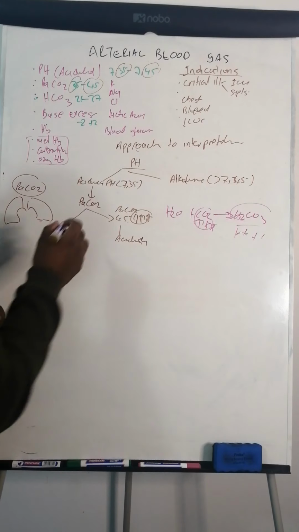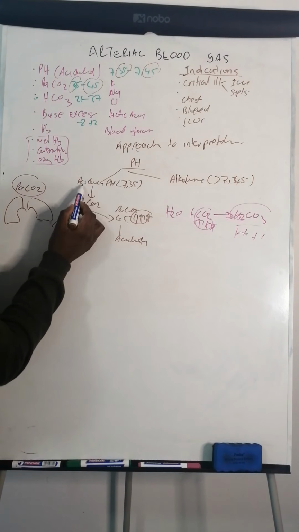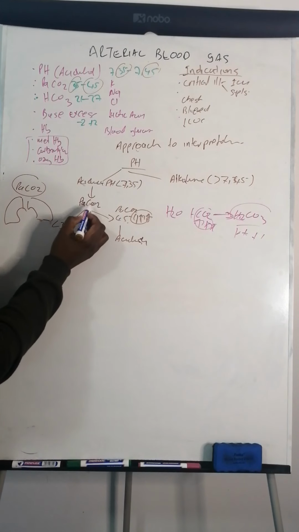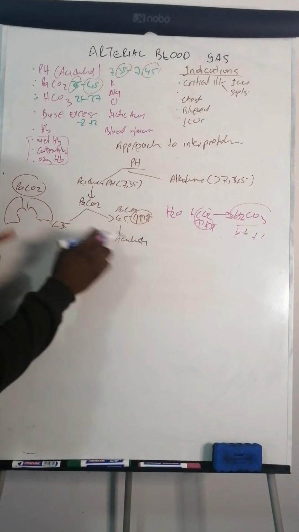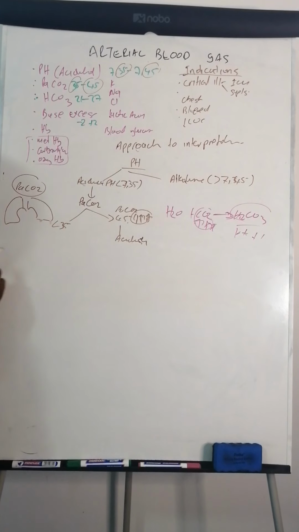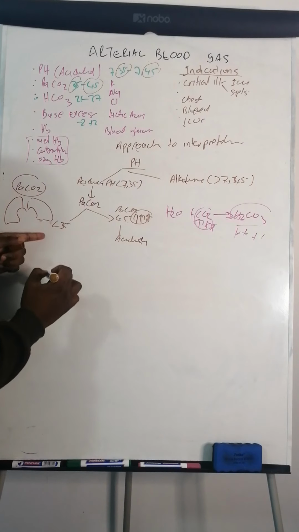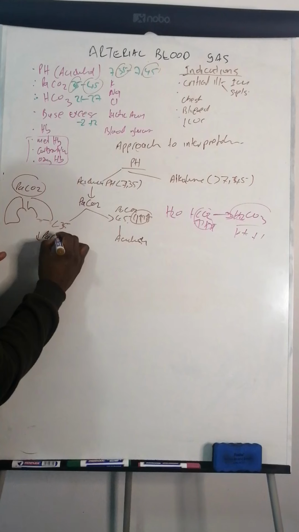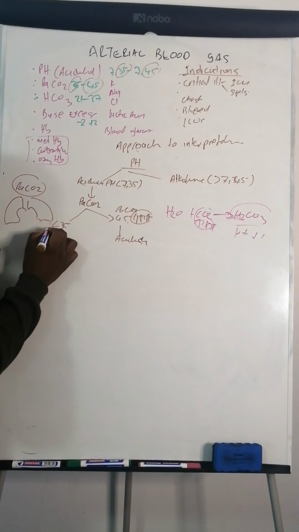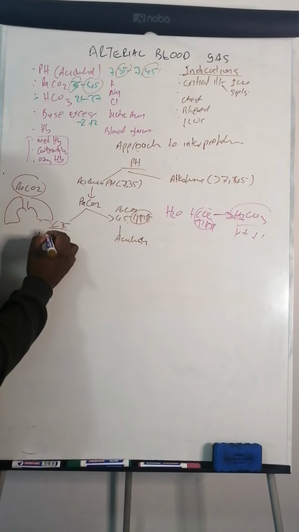Let's look at this side, the contrary. So we say here we've got acidosis, and then we look at our partial pressure. But our partial pressure, instead of it being high to show acidosis, it's low now. So we know that once you've got a decreased partial pressure of CO2, a partial pressure that is less than 35, then that's not acidosis.